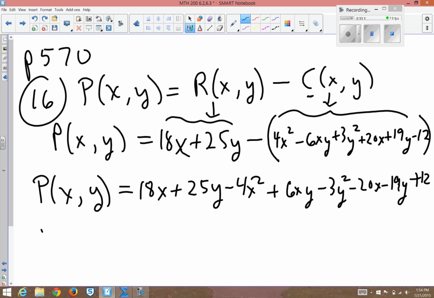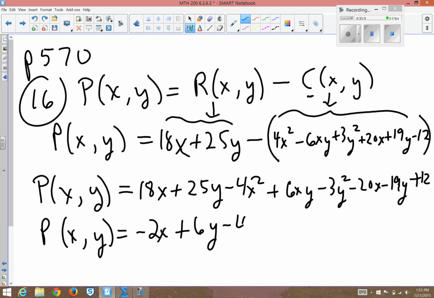There are a few like terms, so P of x, y after combining like terms is negative 2x plus 6y minus 4x squared plus 6xy minus 3y squared plus 12.